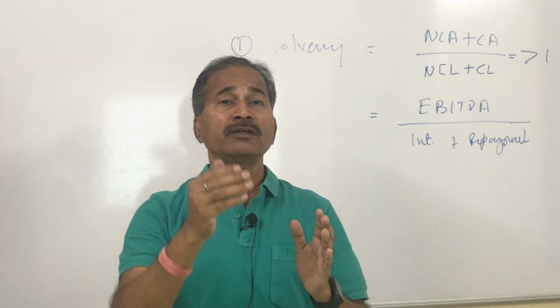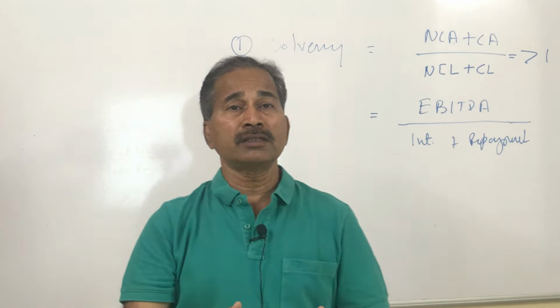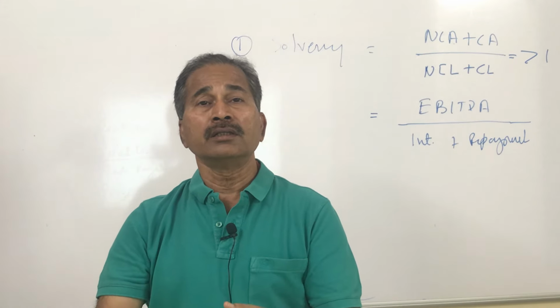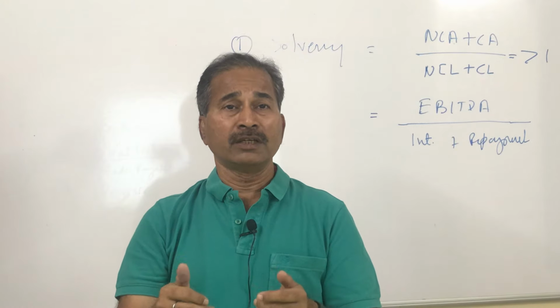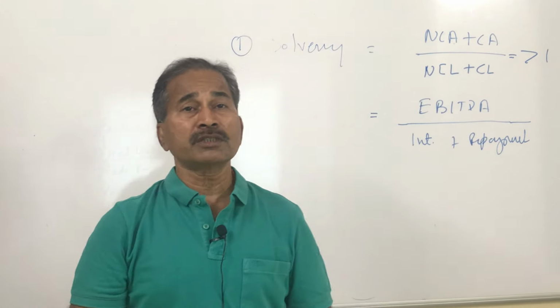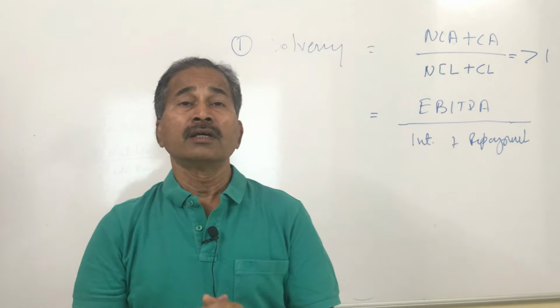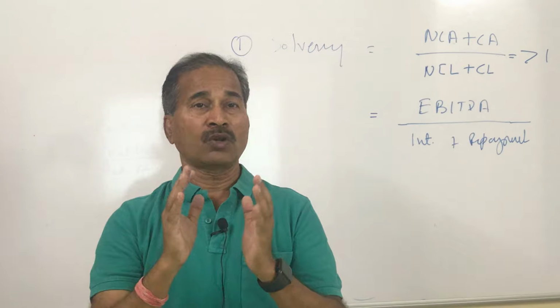Within profitability, we covered 3 different angles: number 1 sales, number 2 capital providers, and number 3 the revenue generating capacity of the investments that we have made. The second category of the ratios that we have discussed is liquidity. The third category is solvency.